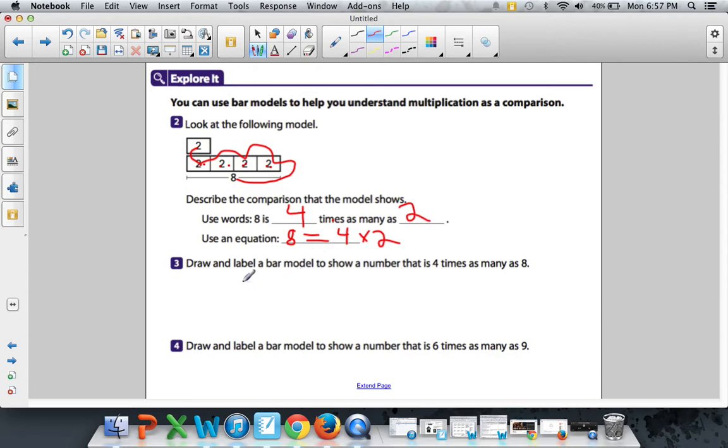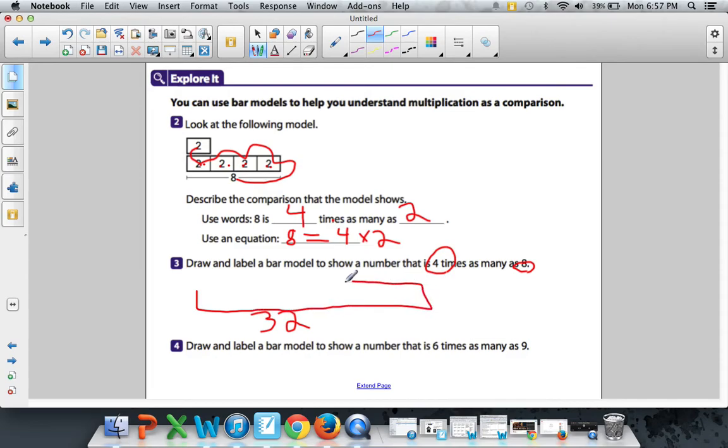Draw and label a bar model to show a number that is 4 times as many as 8. So first of all, what is 4 times 8? You need to know that. 4 times 8 is 32. Now you want to show that something is 4 times as big as 8. So you need to draw 4 different cubes.